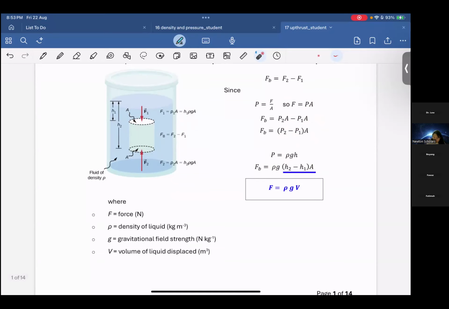H times A here is actually the volume. So the buoyant force formula we get is rho GV. It's because there is a pressure difference: the bottom part pressure is higher, the upper part pressure is lower, so they create an upward force.